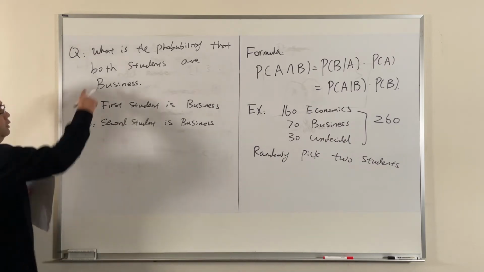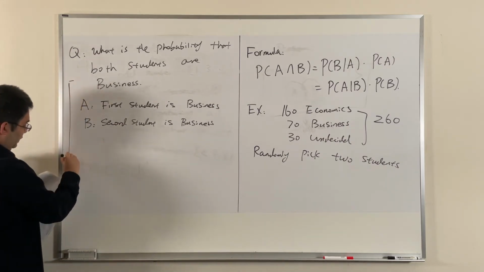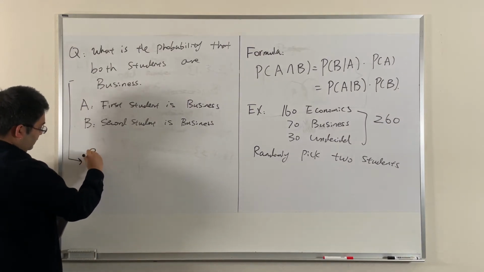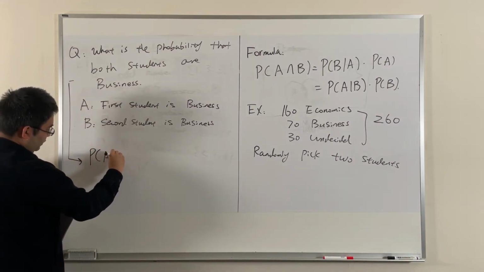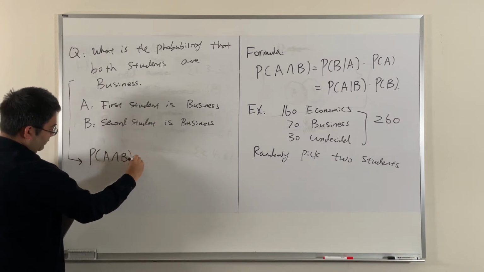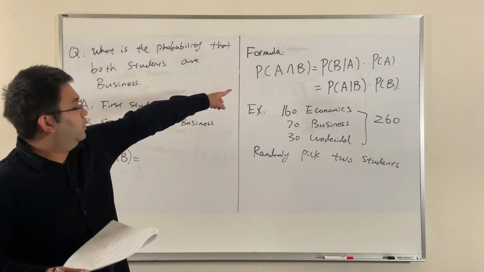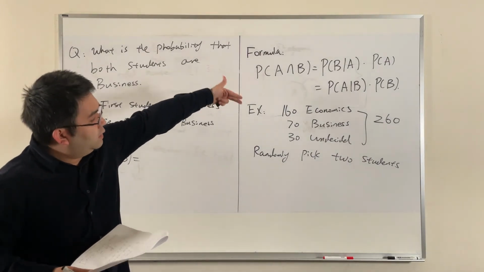So this question, you can go to probability of A intersects B. Okay, right. So we can apply this formula here. So the first one and the second one will work.